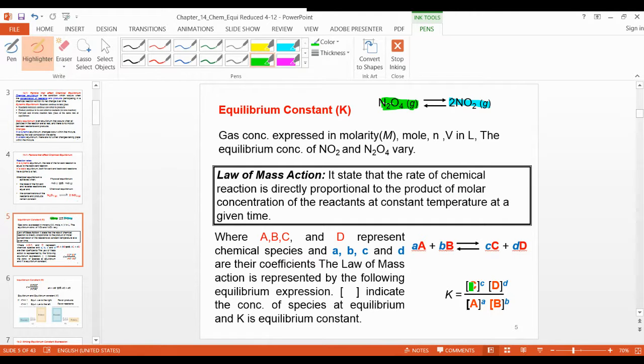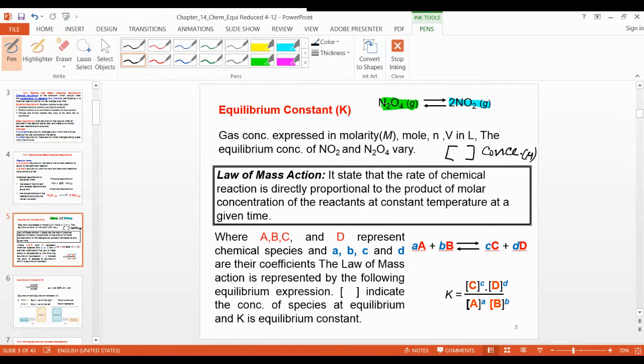And now this molar concentration is expressed in bracket form, right? A bracket always indicates concentration, which means molarity. Last time I also explained this to you. The rate of chemical reaction is directly proportional to the product.